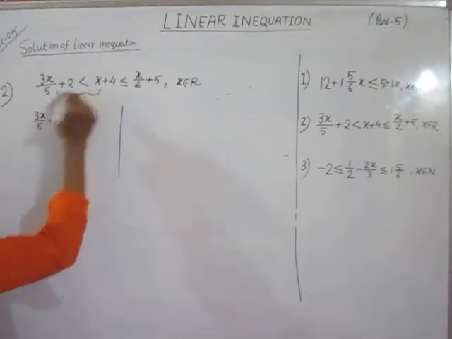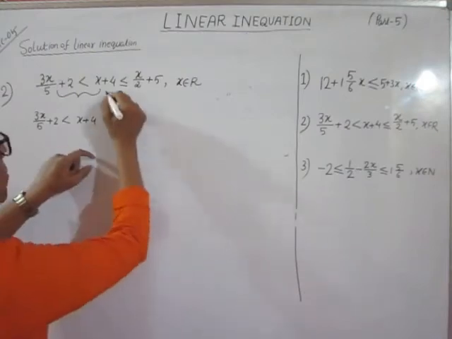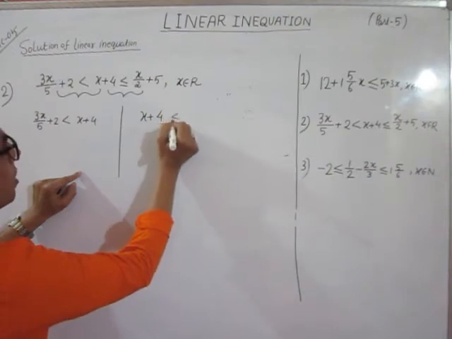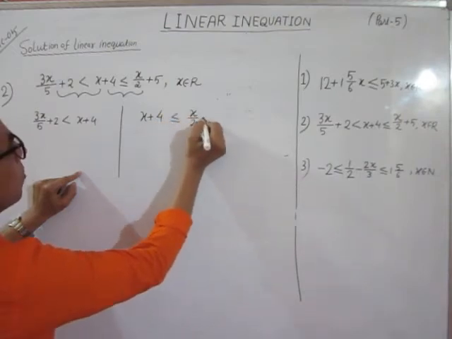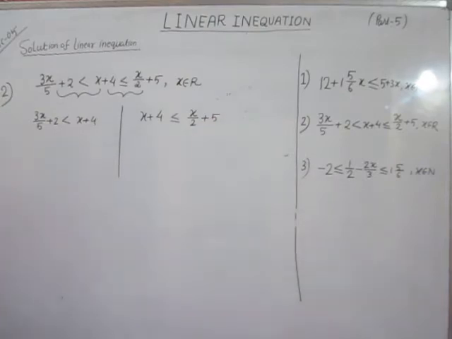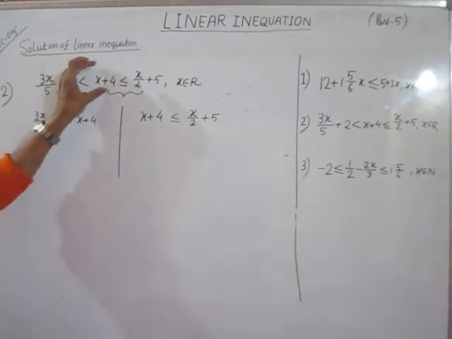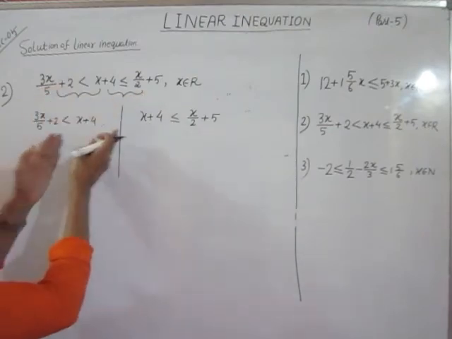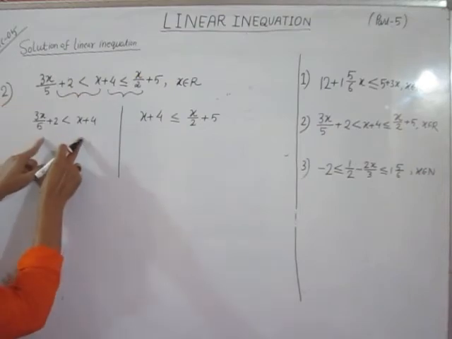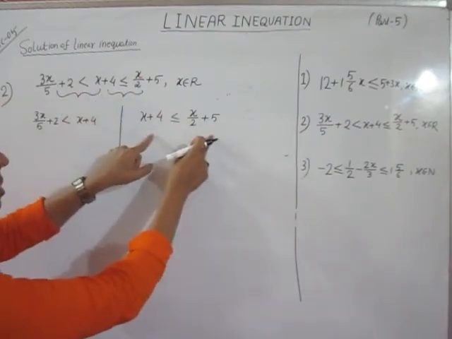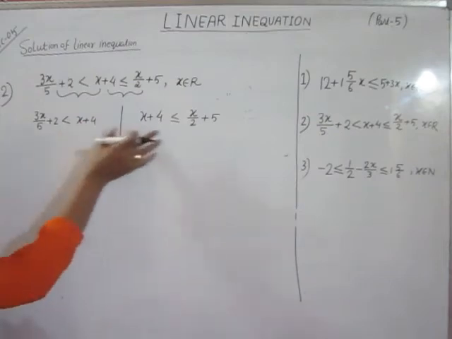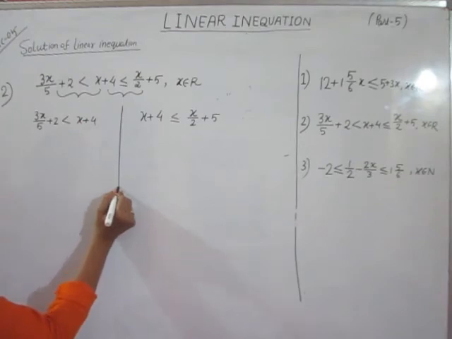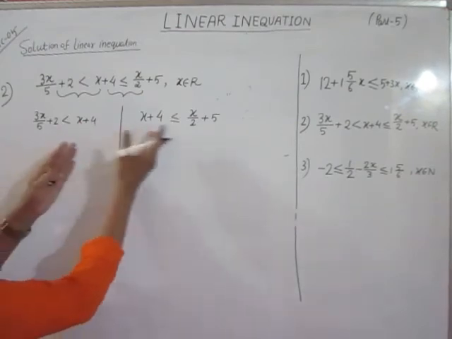From this side it is one inequation, and from this side it is another inequation: x + 4 ≤ x/2 + 5. So if three linear expressions are compared, then divide it into two linear inequations. From the left side it is one linear inequation, from the right side it is another. Now solve these two linear inequations separately and write the common solution. So put a vertical line here to separate these two inequations.